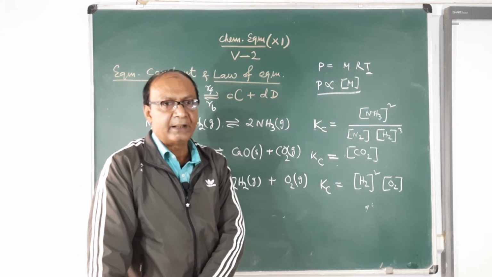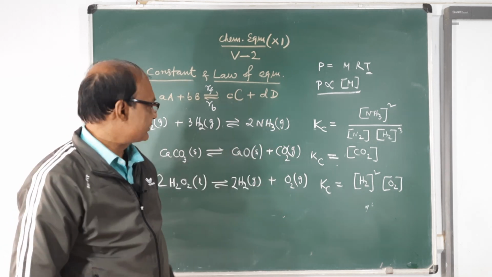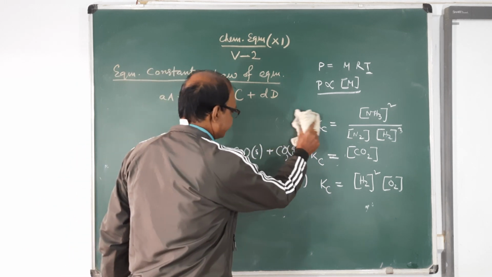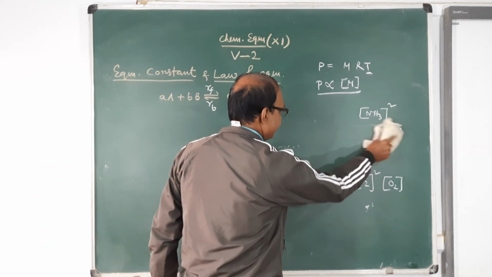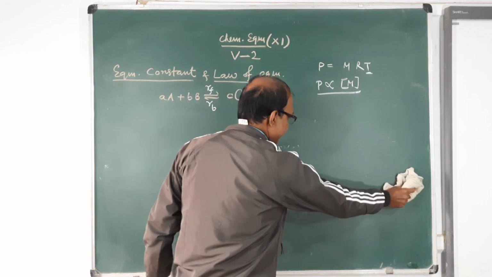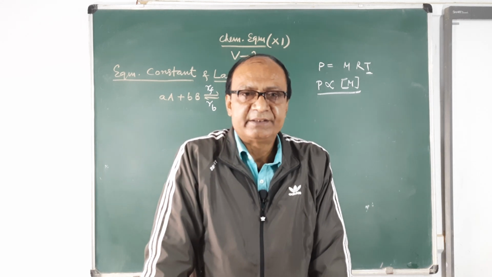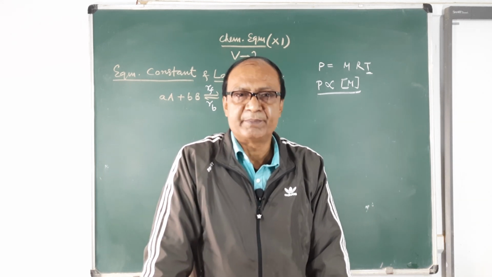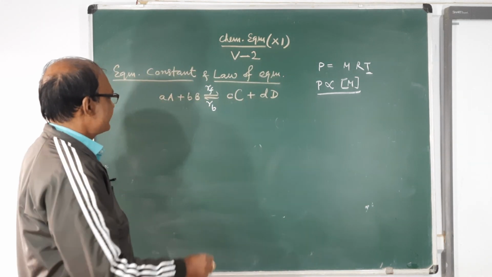Supposing I am writing the expression of Kp for a particular hypothetical reaction, see it here. So you have understood how to write the expression of Kc. Remember, while writing the expression of Kc, you won't consider the concentration terms of solids and liquids. This must be kept in your mind. Now see, supposing this is a gaseous reaction.